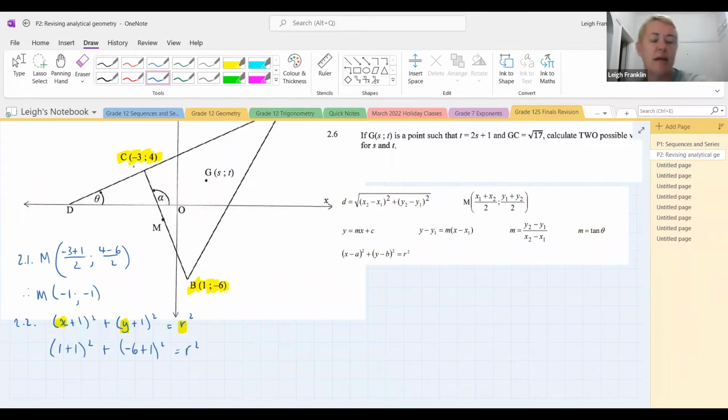So what are you guys getting for R squared? What do you get R squared is equal to, Matrix?